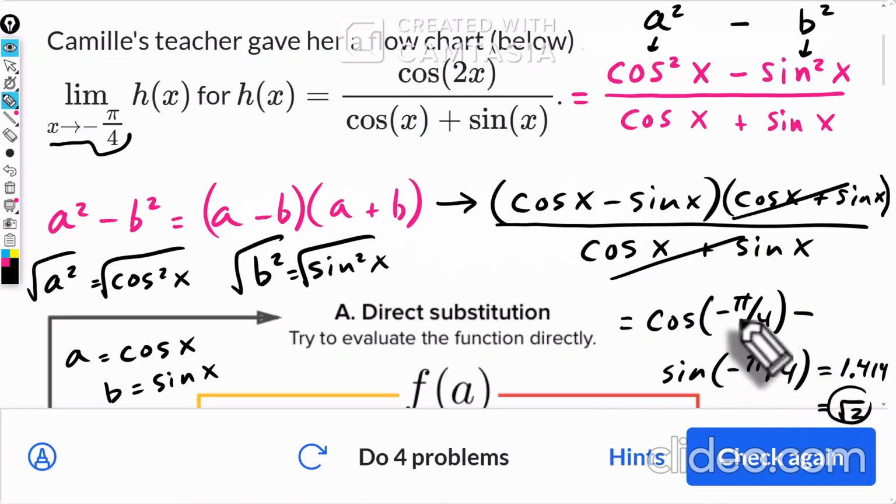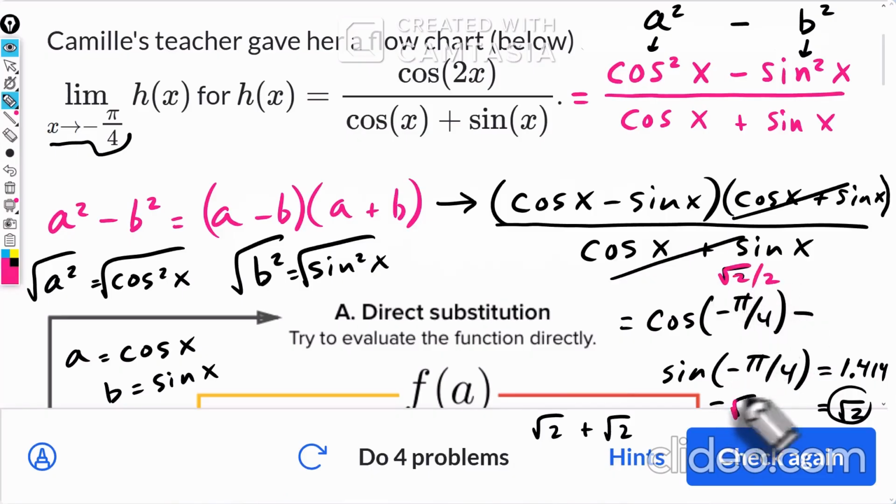What you should end up getting here for cosine of negative pi over 4 is radical 2. And sine of negative pi over 4 is going to be negative radical 2. So radical 2 minus negative radical 2, that's going to be radical 2 plus radical 2. I'm sorry, this would be radical 2 over 2.